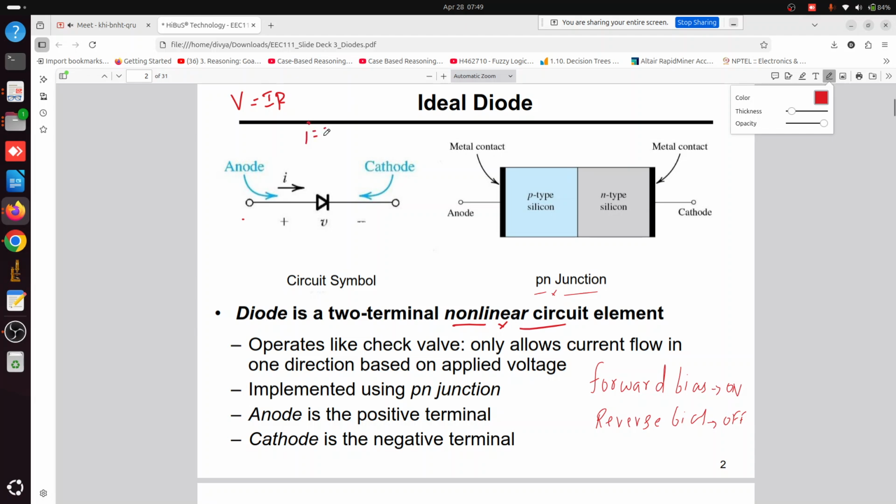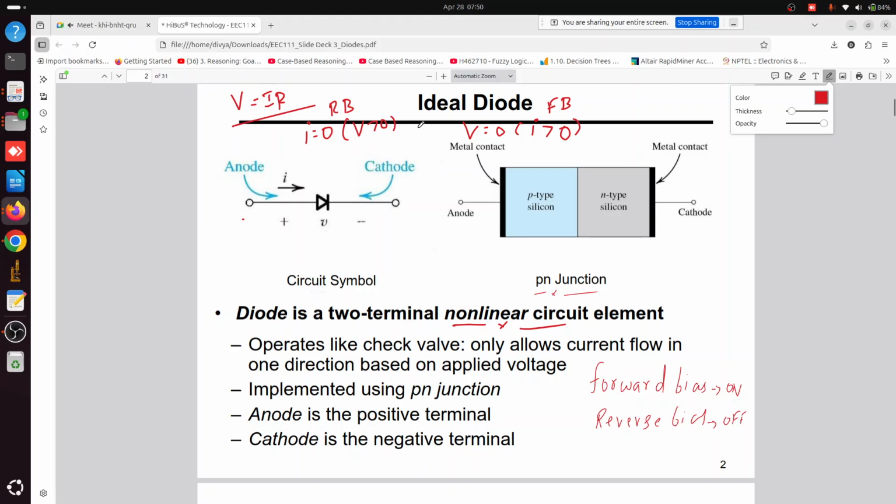In the other case, the voltage drop is 0 but current is greater than 0. So this is for reverse bias and this is forward bias, right? This is not in compliance with V equal to IR, Ohm's law. So that's why they are non-linear.